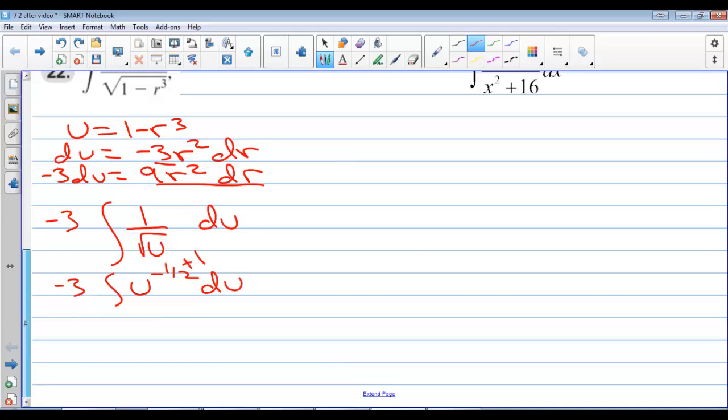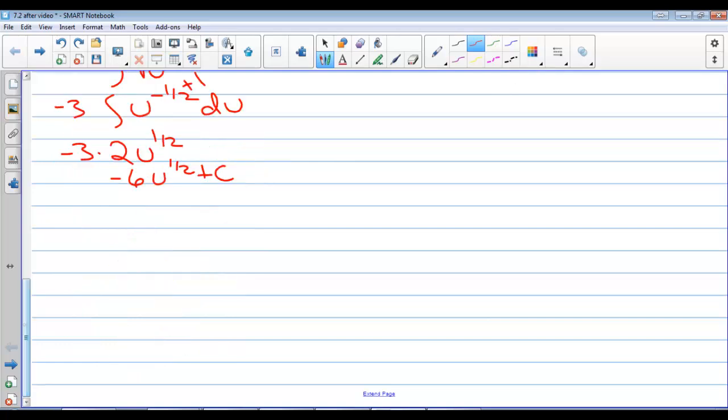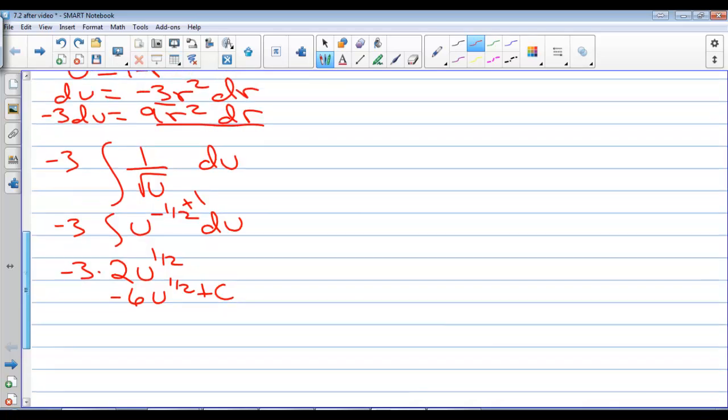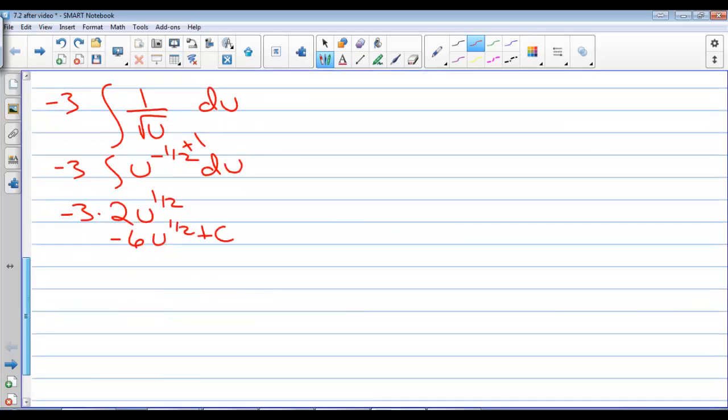Add 1, negative 3, u to the 1/2, but I don't have a 1/2 sitting in front of there, so I need a 2 to balance that out. So negative 6 u to the 1/2 plus c, but we didn't start with u's, we can't end with u's. I let u equal 1 minus r to the third. So negative 6 times the square root of 1 minus r to the third plus c.